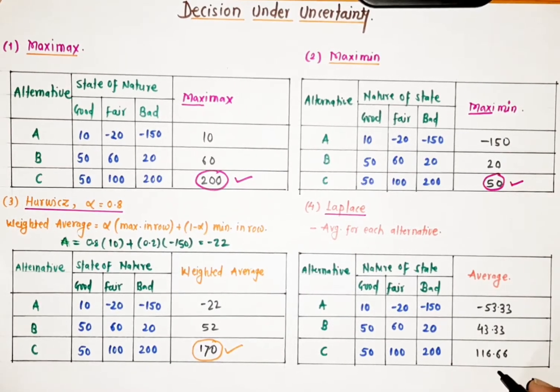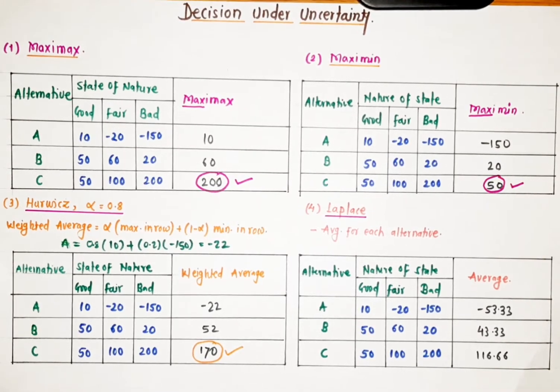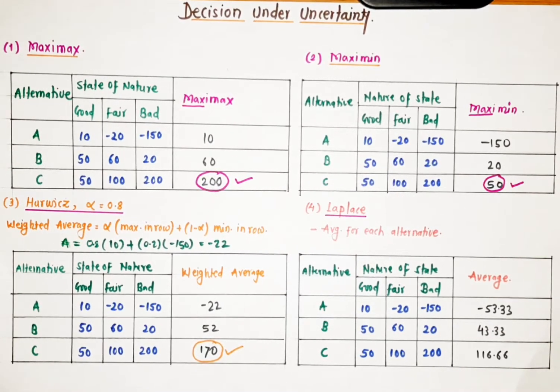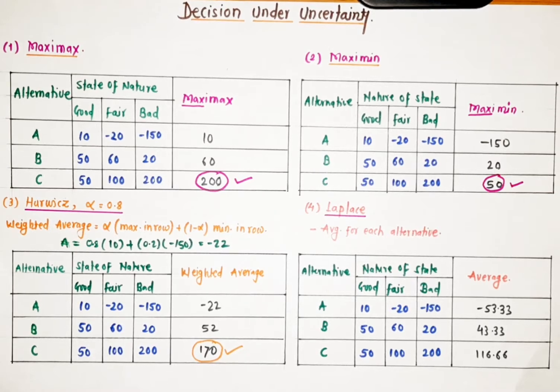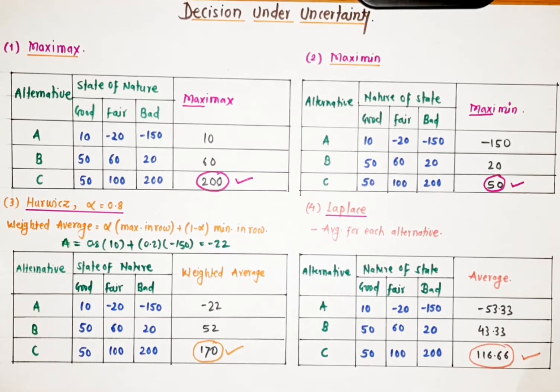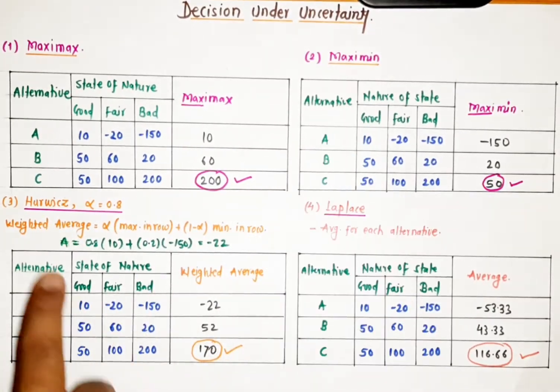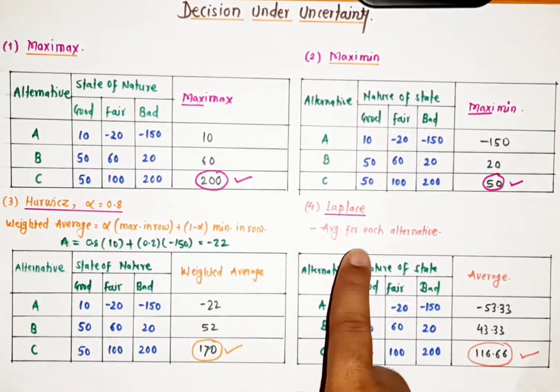So using this we get the averages, and then choose the maximum average available. The maximum average here is 116.66. So choose option C, which completes the problems related to Maximax, Maximin, Hurwicz and Laplace.